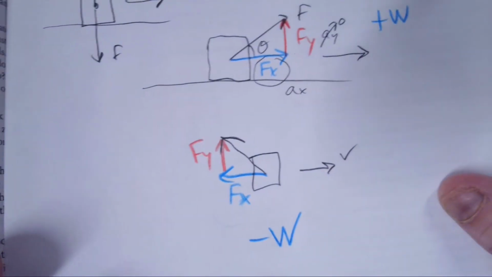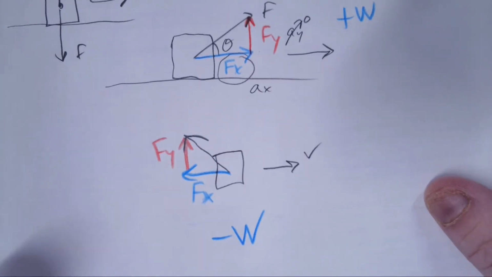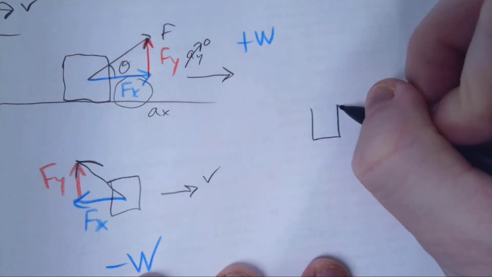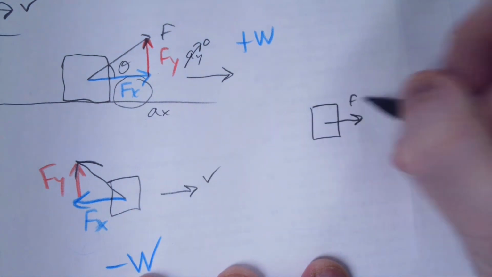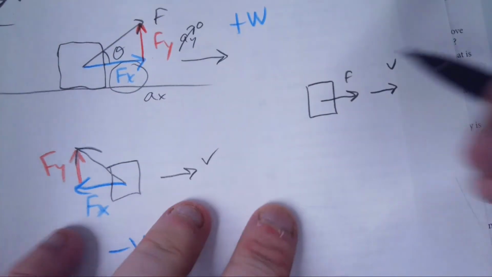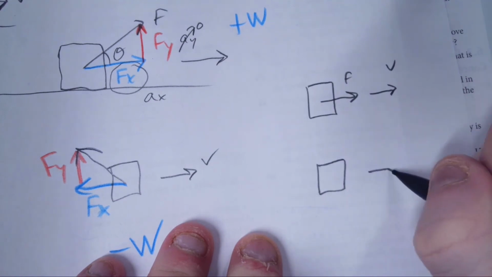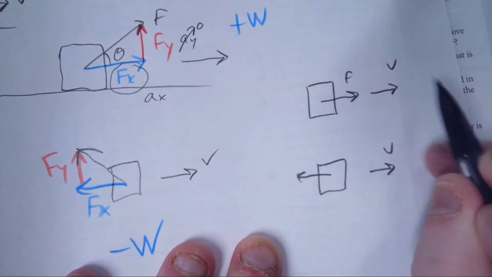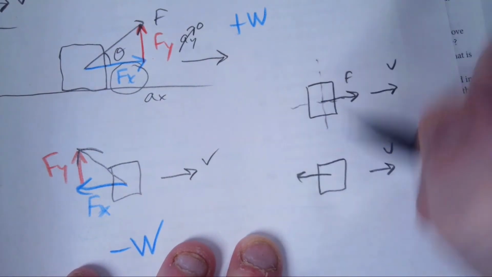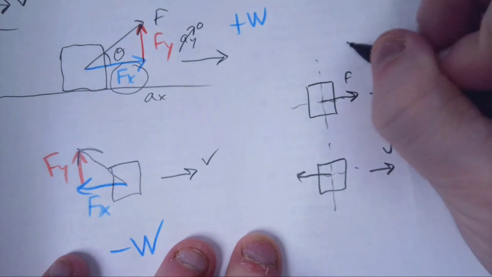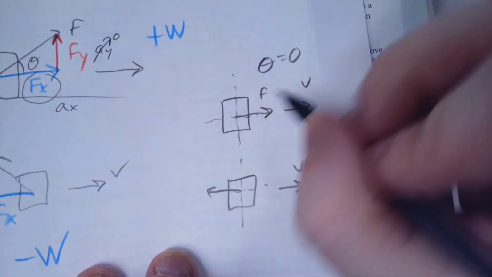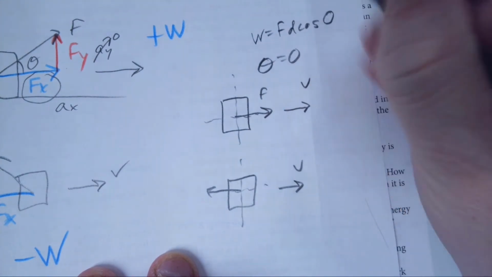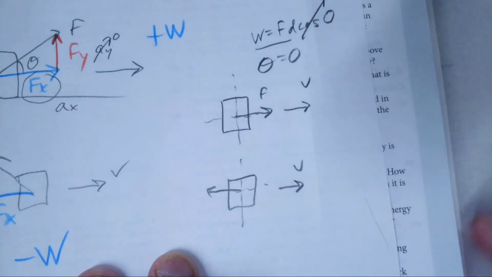So we talked about it in terms of this. For you to be doing negative work, let's take this out of a system here. Here we have the force this way, and we're moving in this direction. And in the second scenario, we're still moving in this direction, but now the force is over here. So in this scenario, the angle between them is 0, so it's FD cosine 0, and that equals 1, so work equals force times distance.